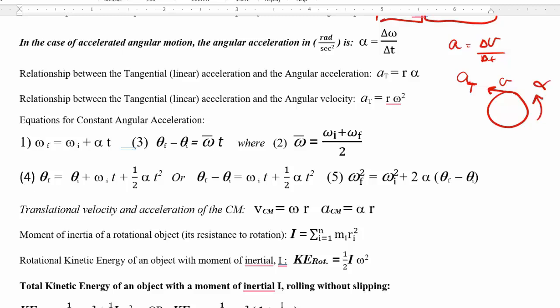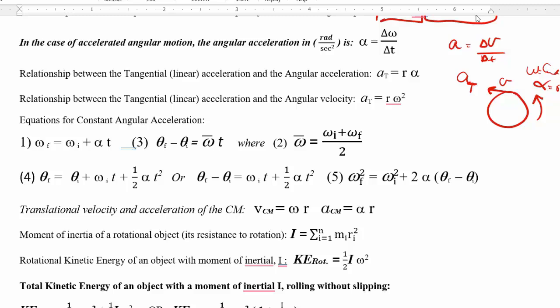Okay? Alpha could be 0 if the angular velocity is constant, or it could be positive. Alpha could be positive if the angular velocity is increasing in the counterclockwise direction, because counterclockwise is positive, or alpha could be negative if the angular velocity is decreasing in the counterclockwise direction.